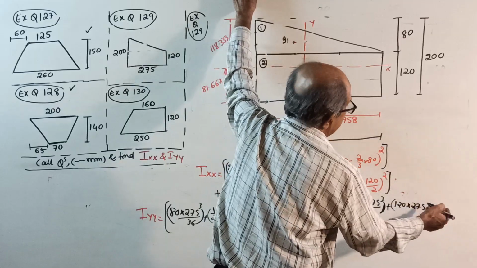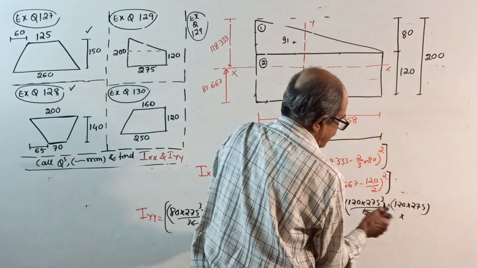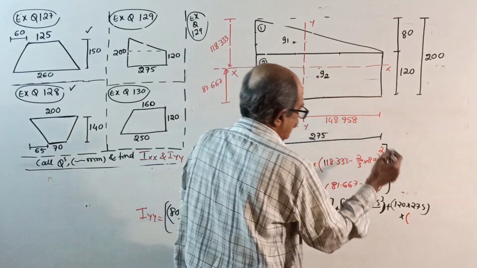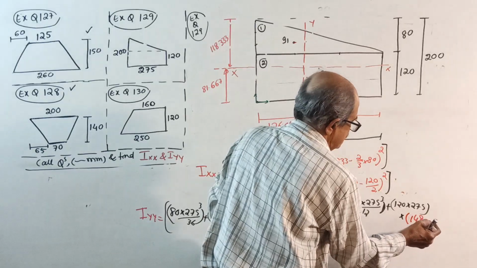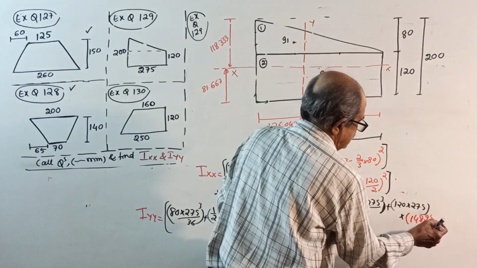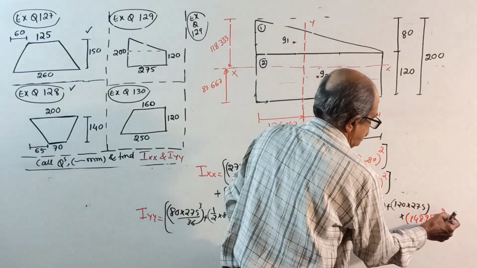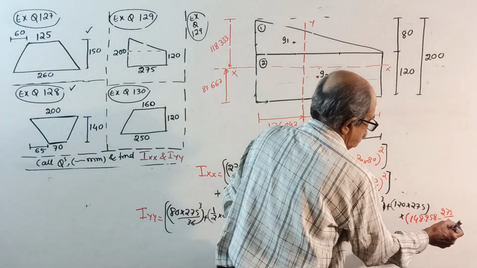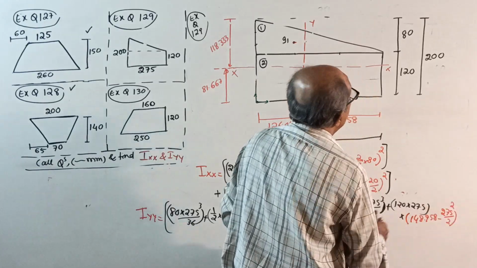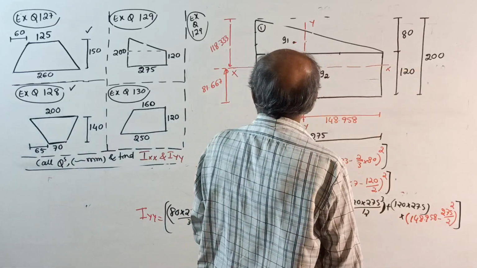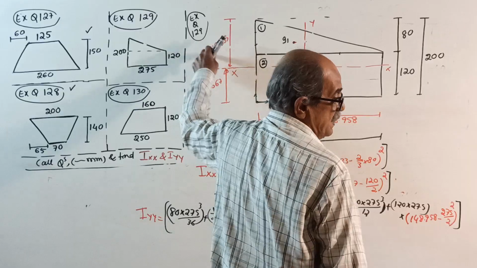There is a space problem there, so into, I write here, this distance square for yy, 148.958 minus 275 by 2 whole square. I think, okay, space problem is not there. Calculate the answer. This is for question number 129.